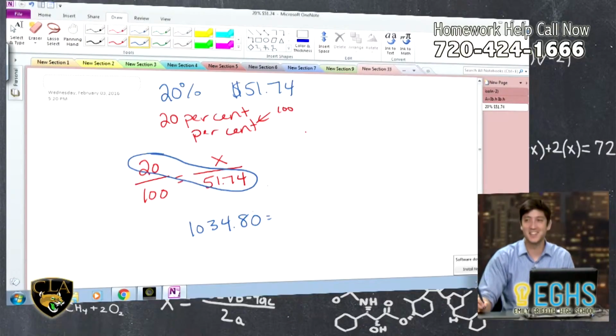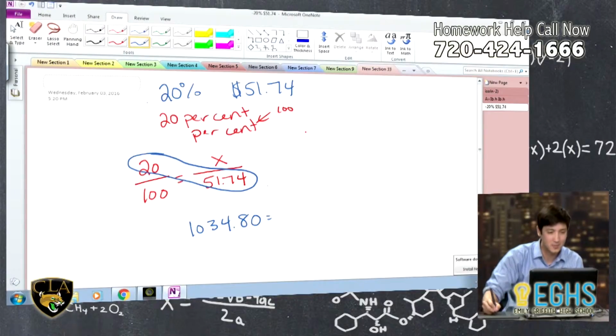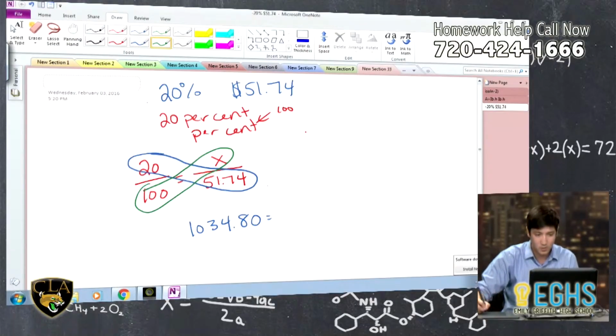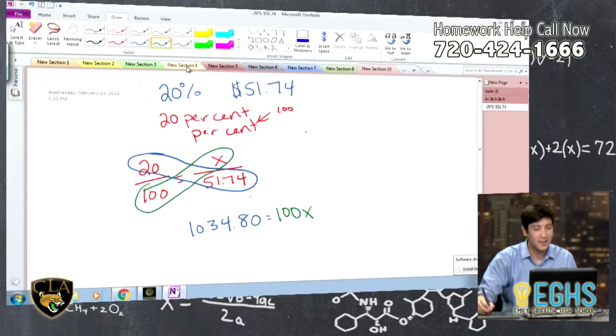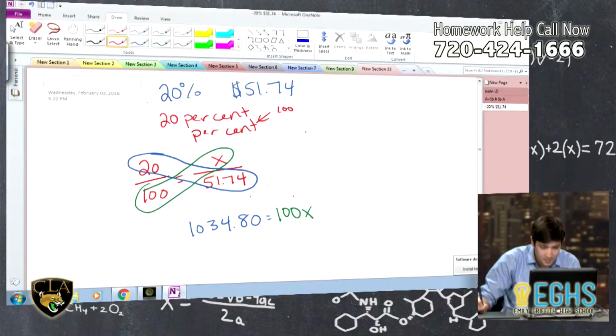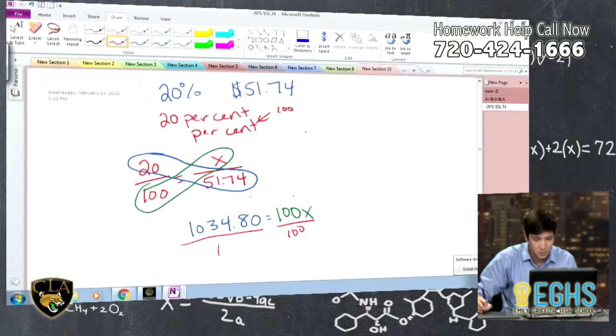So all I did here is I cross multiplied and said 20 times 51.74, and then I cross multiply here and say that's going to equal 100x, because hopefully you're not leaving a $1,000 tip. Well, hopefully for you, not the server. Right. Then all you're doing is solving this algebraically. I'm solving for x, divide by 100 and divide by 100.